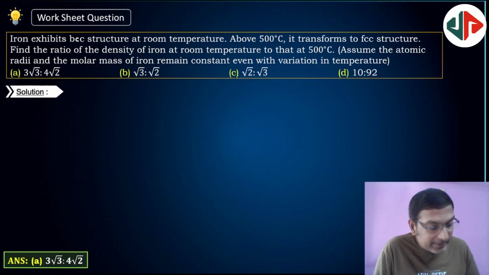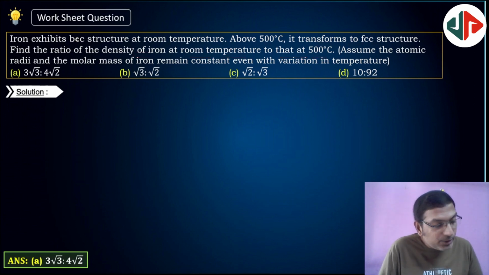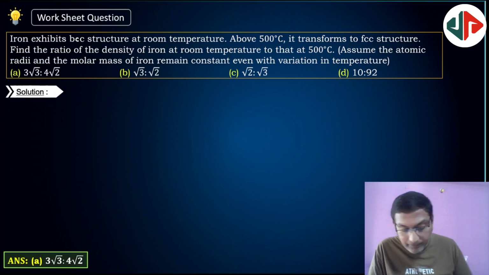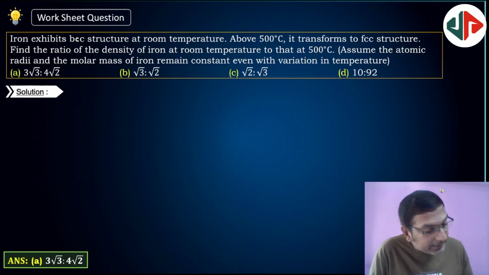So iron exhibits BCC structure at room temperature. Above 500, it will be converted to FCC structure. Find the ratio of density of iron at room temperature to that at 500 degrees centigrade. Assume atomic radii and molar mass of iron remain constant even at high temperature. So we should find the ratio.